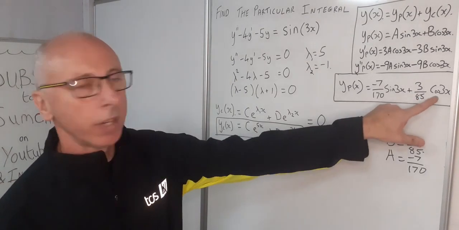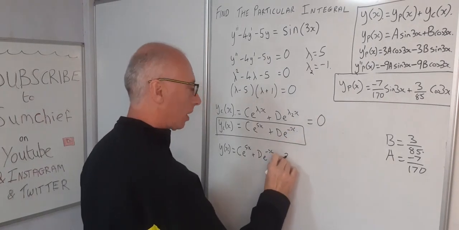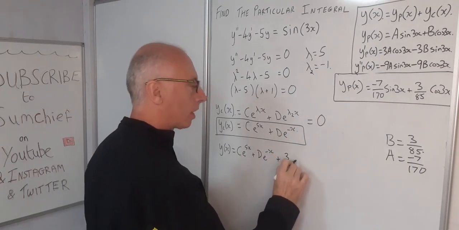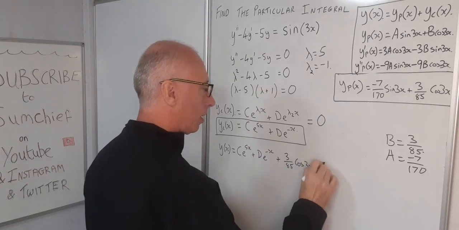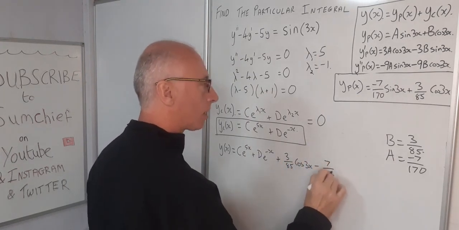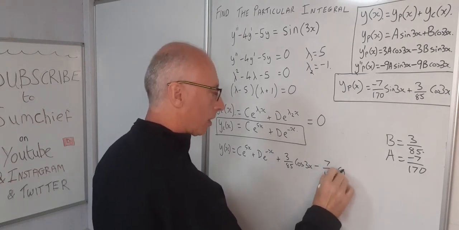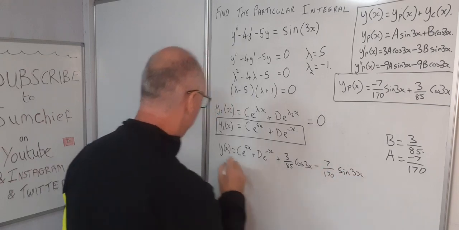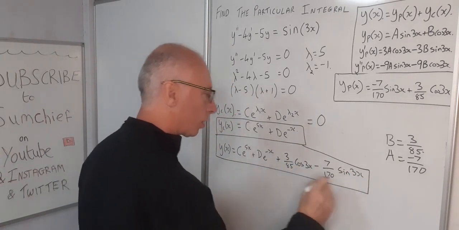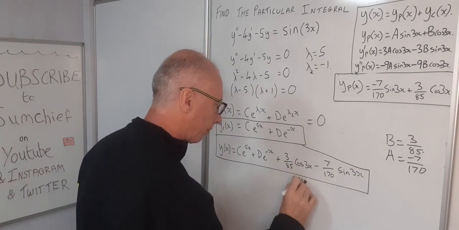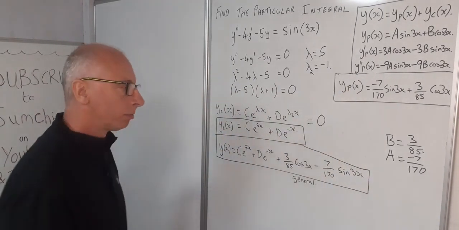And now we're going to put this one in there first, because I'll keep my plus sign there, plus 3 over 85 cosine 3x minus 7 over 170, make that 0 a bit neater, sine of 3x. And then that will make up our general solution. So this is the general, this we know is the complementary, and this is the particular integral.